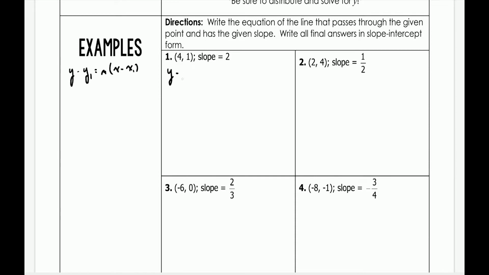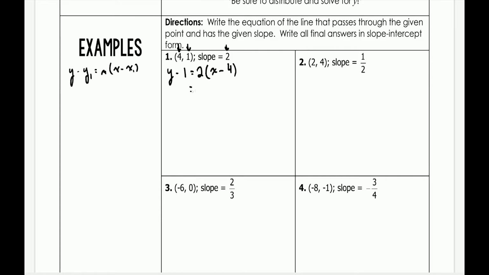So we have y minus y1 would happen to be 1 is equal to, remember slope is m, so m is going to be 2 times x minus the x value, which is 4. And now what we have to do is rewrite this until we get the slope-intercept form. So in other words, y equals mx plus b.